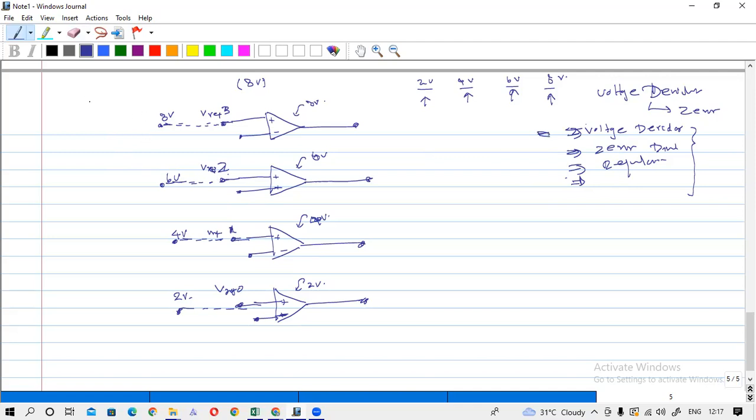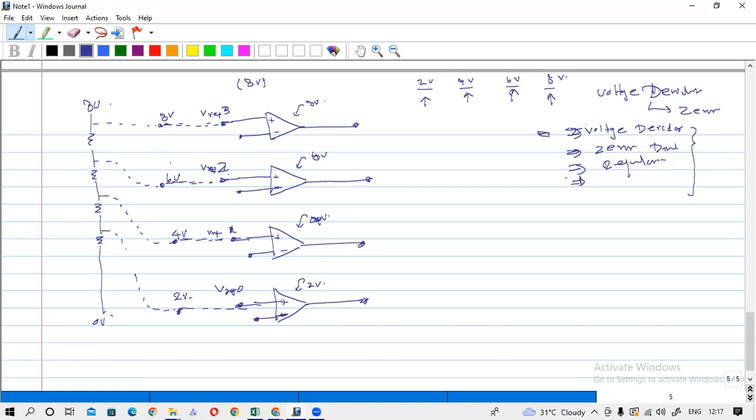Okay, so if I do like this, 8 volt is here, and here we have a 0. And if I use 4 resistors, now this is 6 volt, this will be 4 volt, and this will be 2 volt.